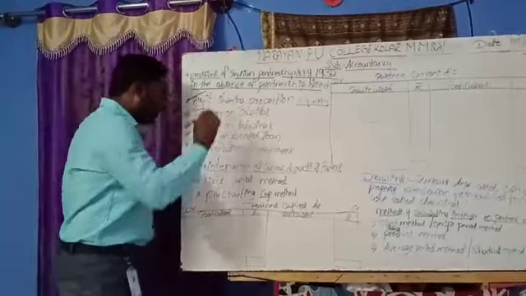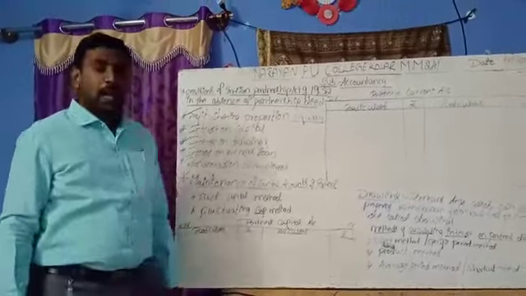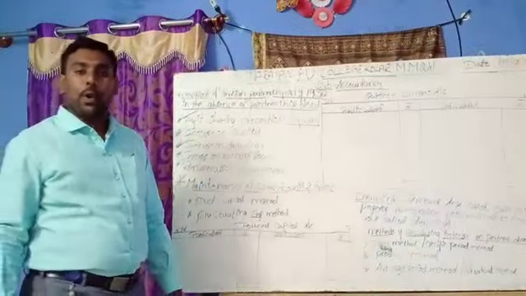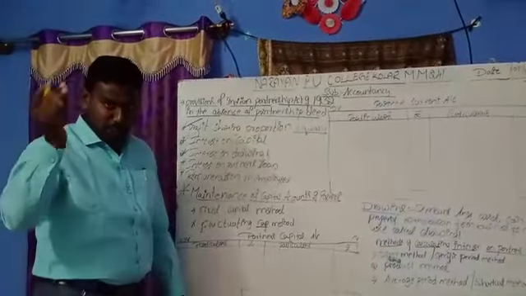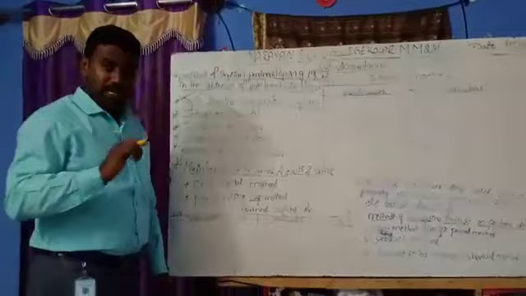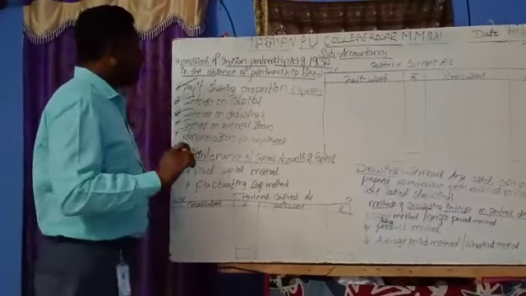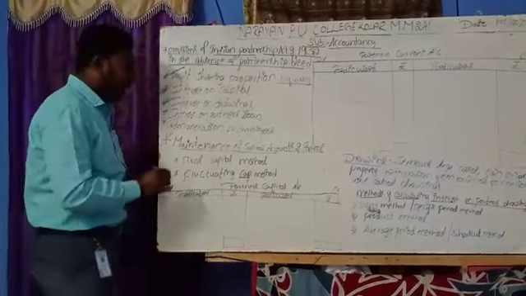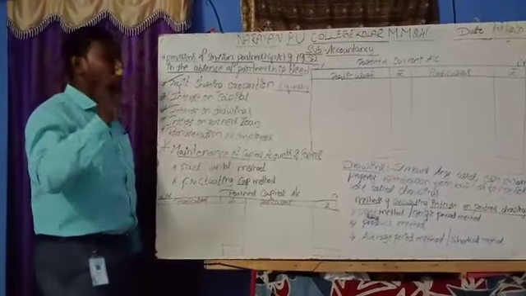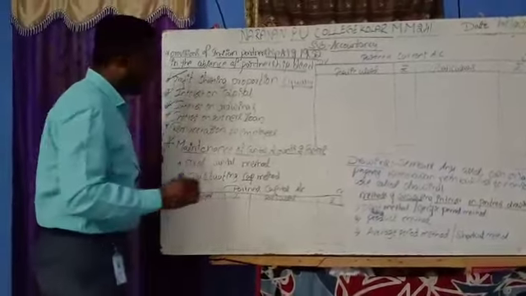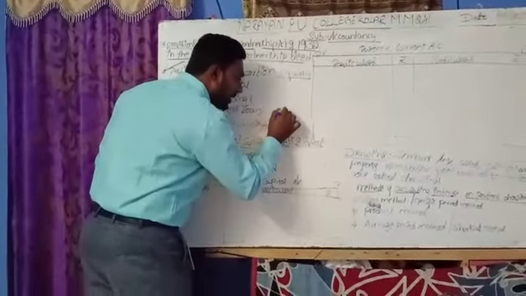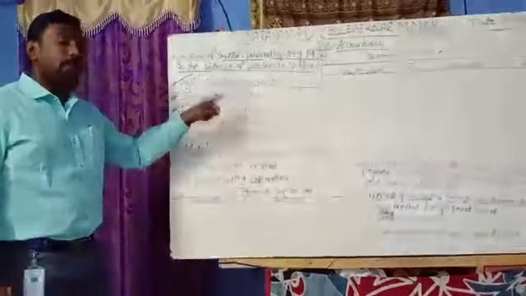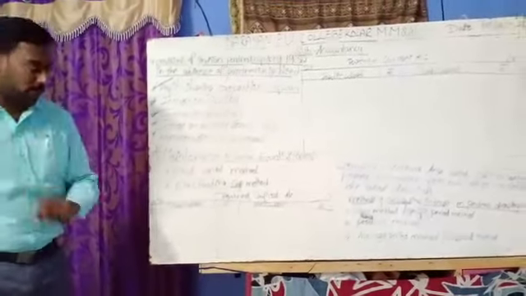The fourth point is interest on partner's loan. If a partner has brought a loan from financial institutions, outsiders or any other way for the purpose of business, the rate is fixed as per the Partnership Act of 1932, that is 6% interest for the loan borrowed by the partner for business purposes.